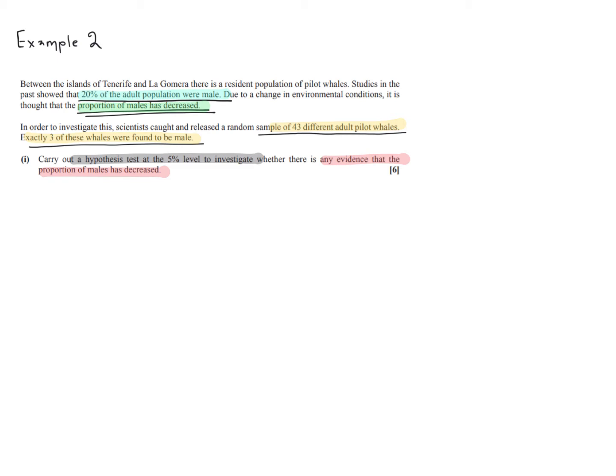So we need to make sure we understand what our distribution actually is in this question. The first thing I would make sure I did was to write down what x is. So x is the number of adult male pilot whales.